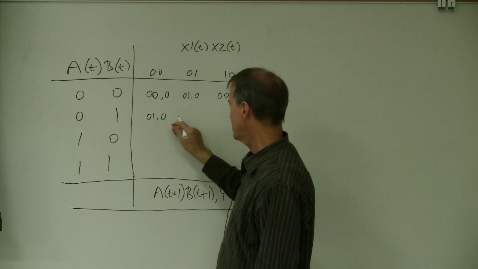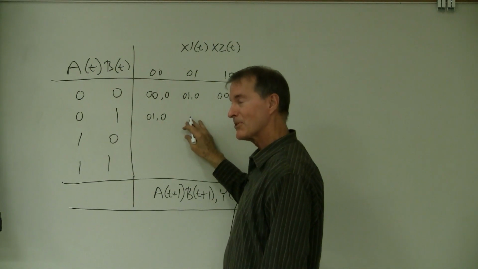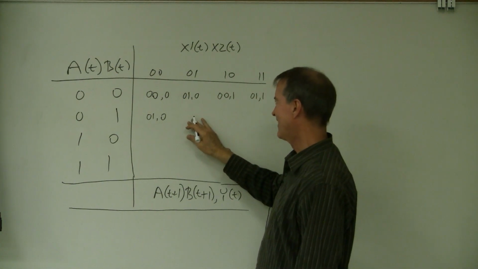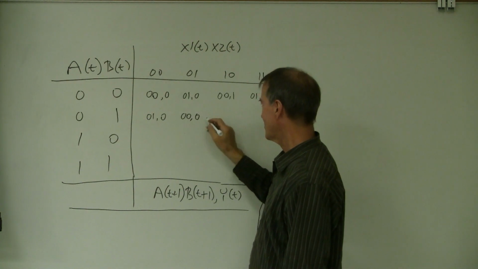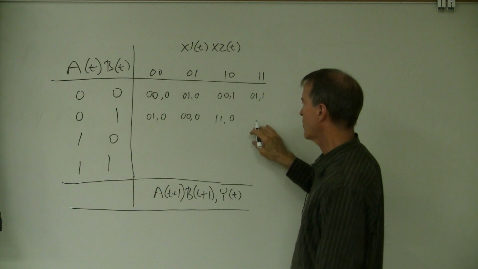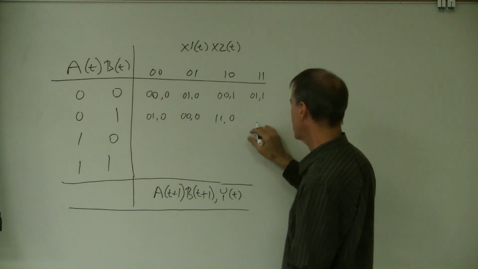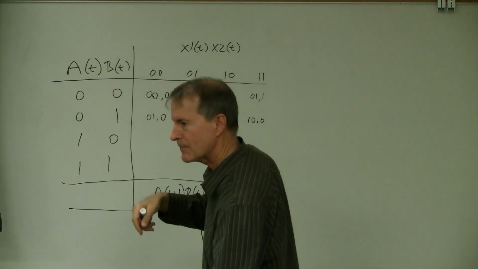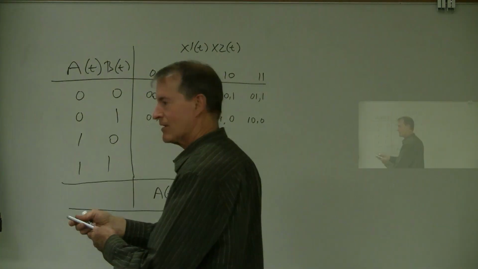Okay, and next. 0, 0, comma 0. 1, 1, comma 0. Who's next? Go ahead. 1, 0, comma 0. Okay, so now, do you see how we're getting this?